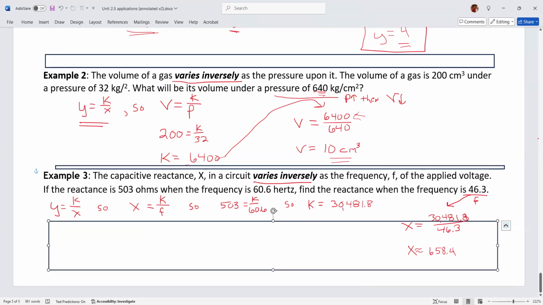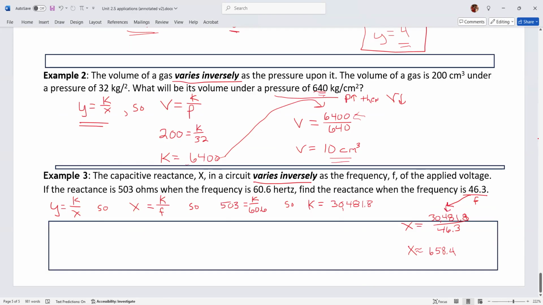So X is equal to k over F. I substitute in the values given to me, 503 for the reactance, when the frequency is 60.6. So multiply, and I get a k value of 30,481.8. I replace k with that value right here.